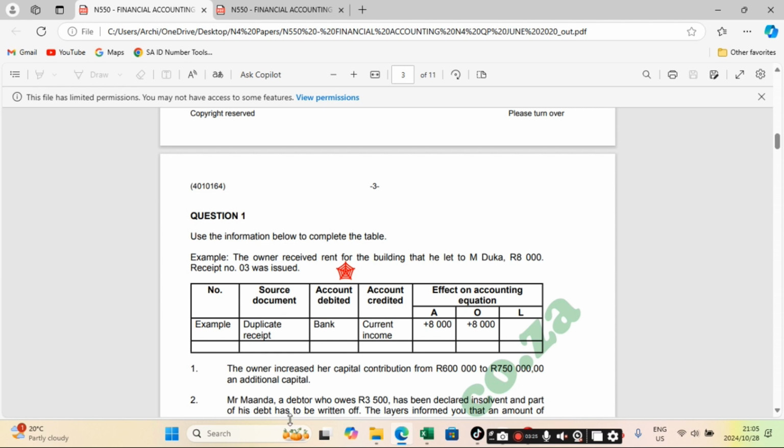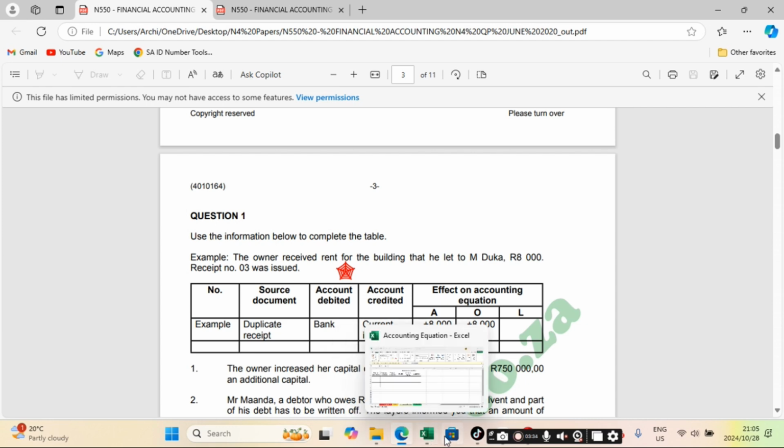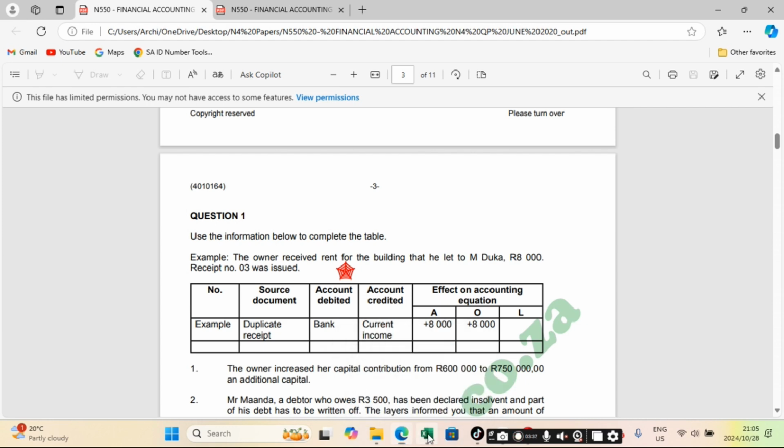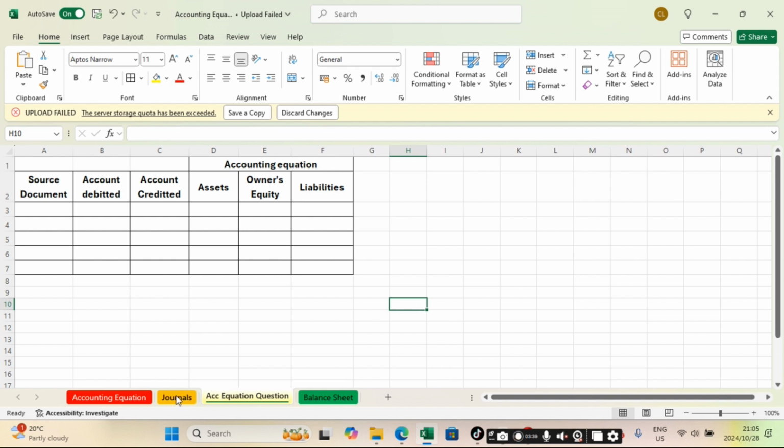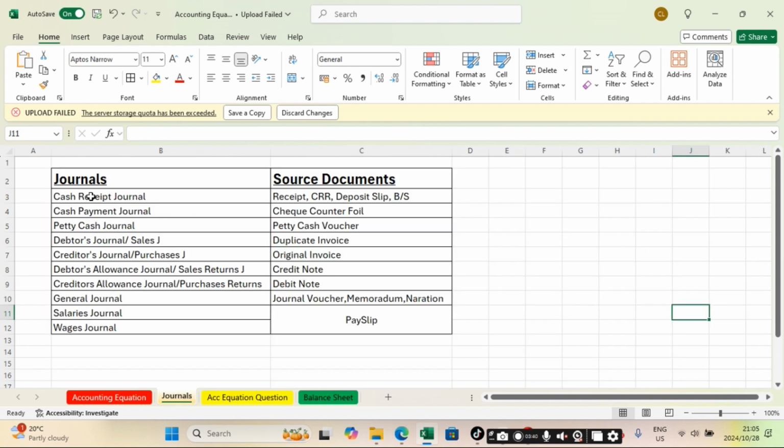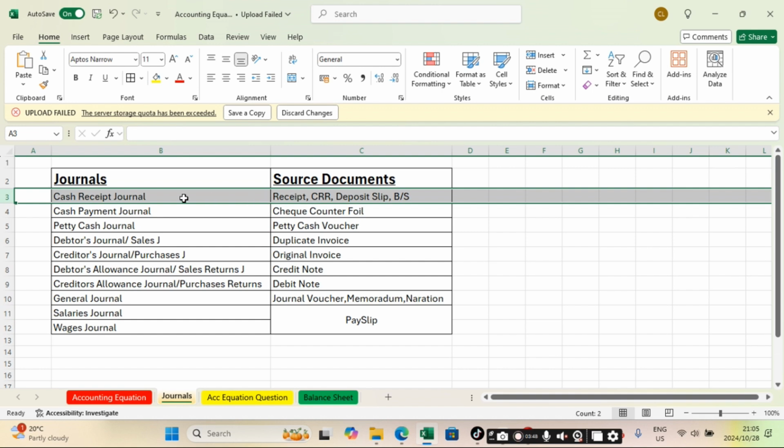So we start with our source document. What is the source document? We know this transaction is going to affect our CRJ, because we are receiving money for rent.